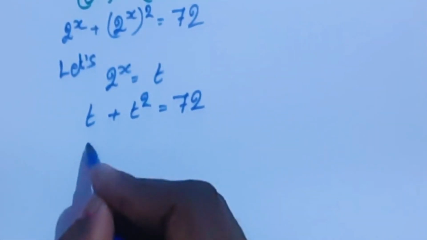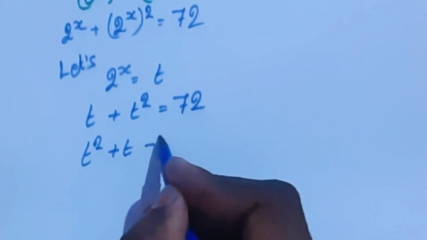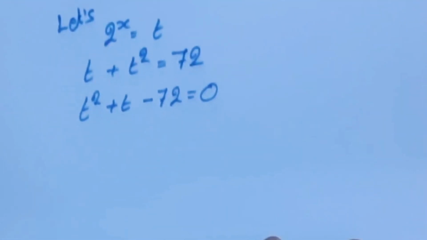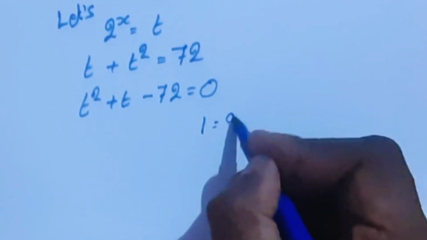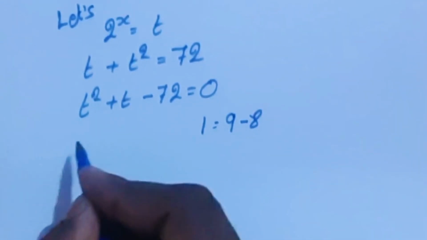Now t^2 + t - 72 = 0. Here this 1t can be written as 9 minus 8. So we get t^2 + 9t - 8t - 72 = 0.